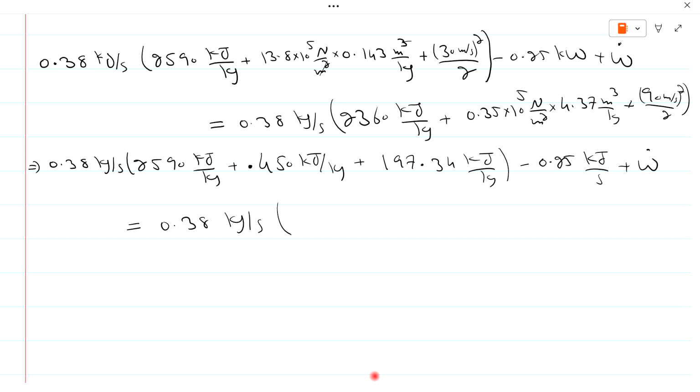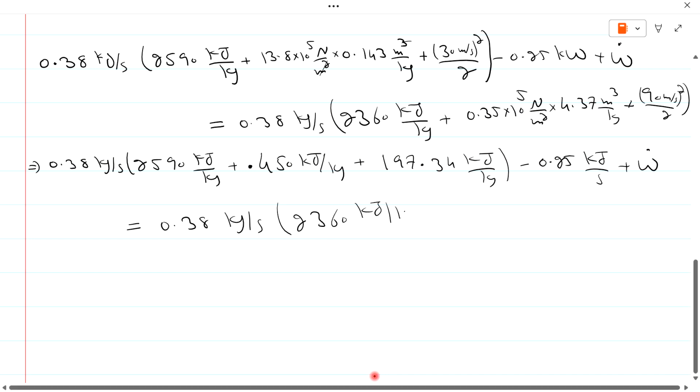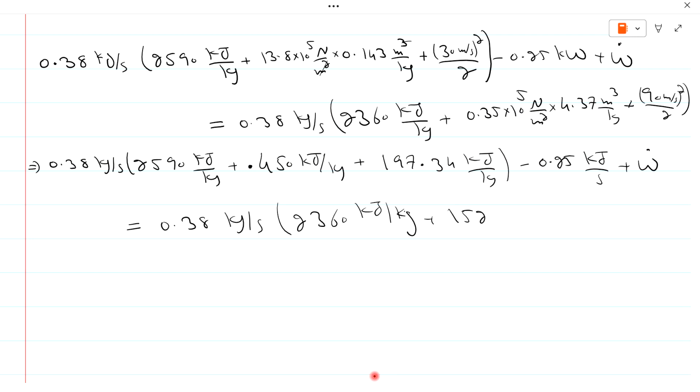And 2360 kilojoule per kg. Simplify this value, multiply all these, divide by 1000, so the answer will be 152.95 kilojoule per kg, and 90 squared divided by 2 is equal to 4.05 kilojoule per kg.